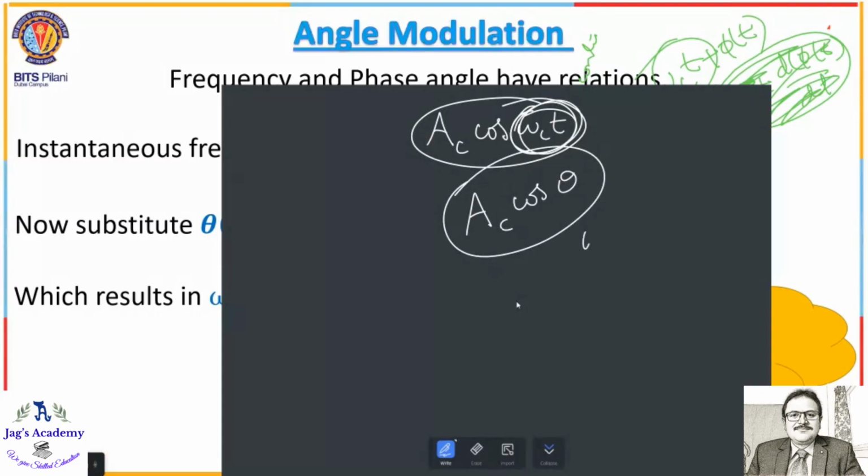Now what is omega c in this? Omega c is nothing but d theta by dt, that's all. Whatever you are writing here as omega c is d theta by dt. This is where we bring in the concept of frequency in the sine wave. Otherwise, what is sine theta?